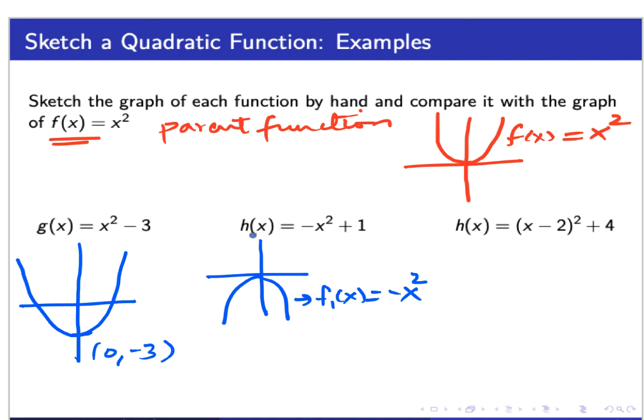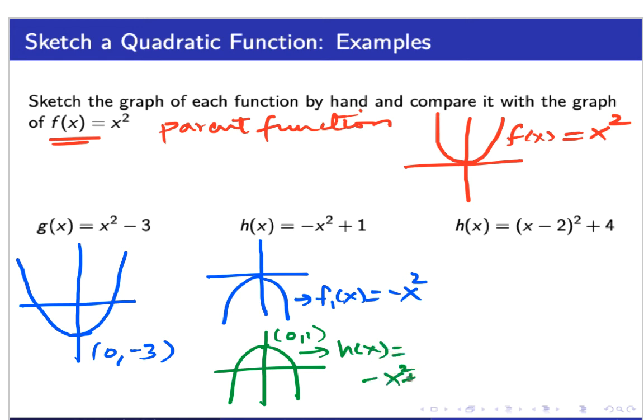But the function which we are looking at not only flips, but also goes upward by 1 unit. So the graph which we are looking for, this h(x), is nothing but the same graph, but it has now moved up by 1 unit. So this is the new vertex, which is 0 and 1. And this is the graph h(x), which is equal to minus x squared plus 1.